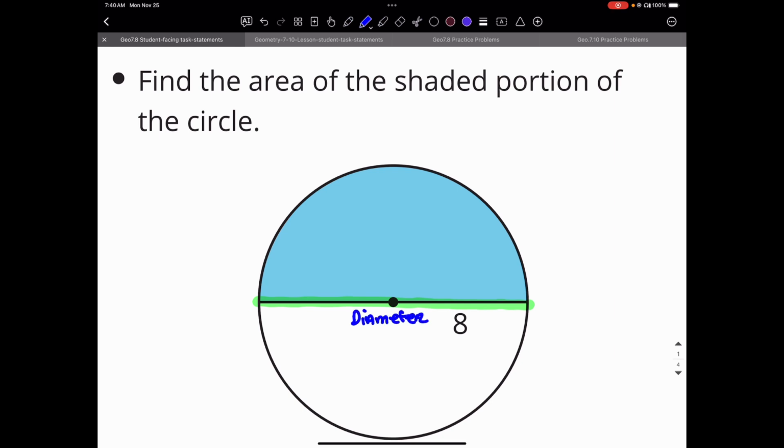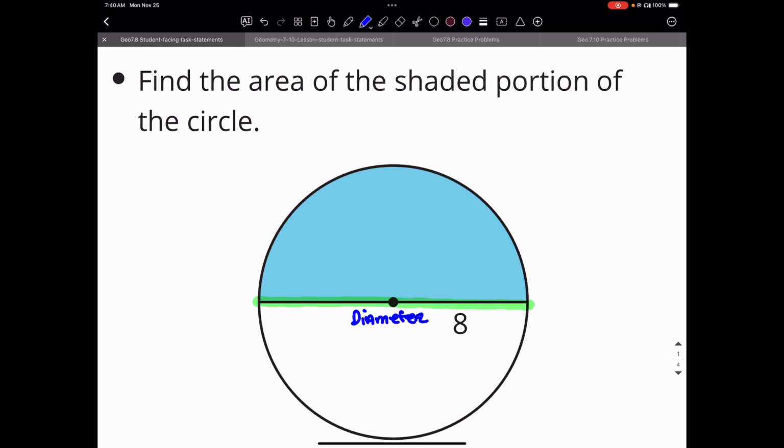And if you recall, a diameter is nothing more than a chord that goes through the center, right? Now, let's talk about a few other things too. We could easily just find the area of the shaded portion. We could find the area of the entire circle and divide by 2. Let's do that before we move on, and I want to see if you can make that connection.